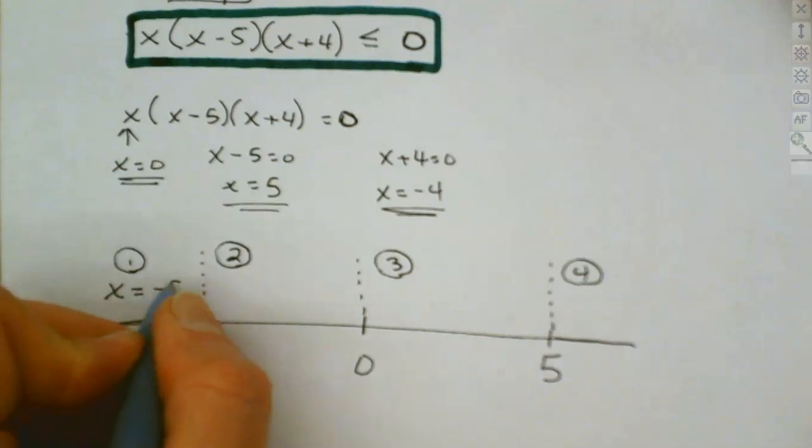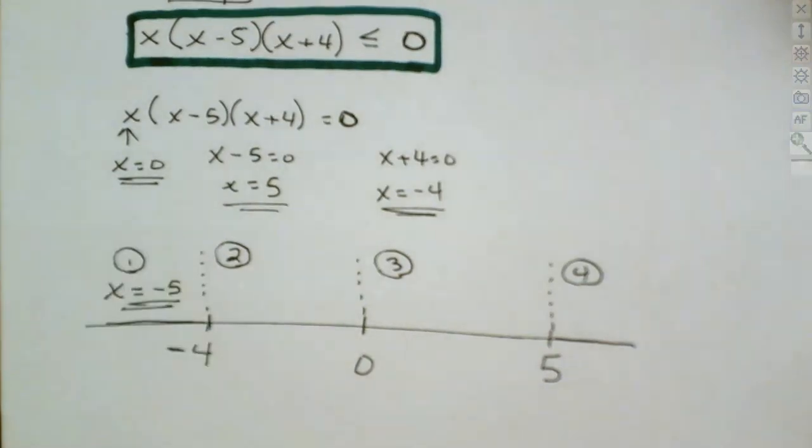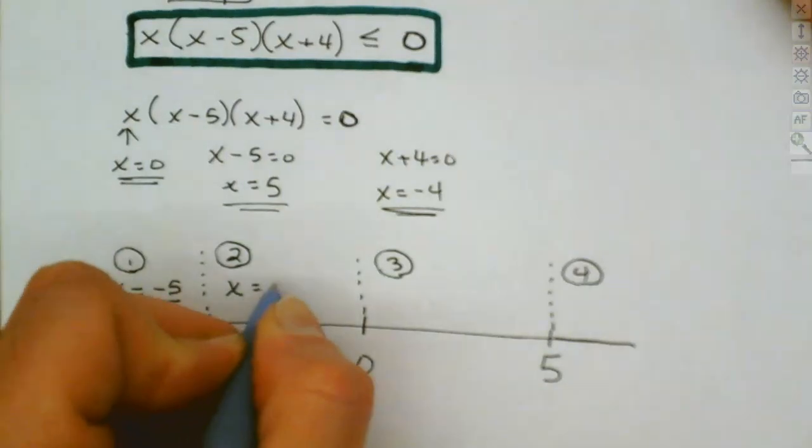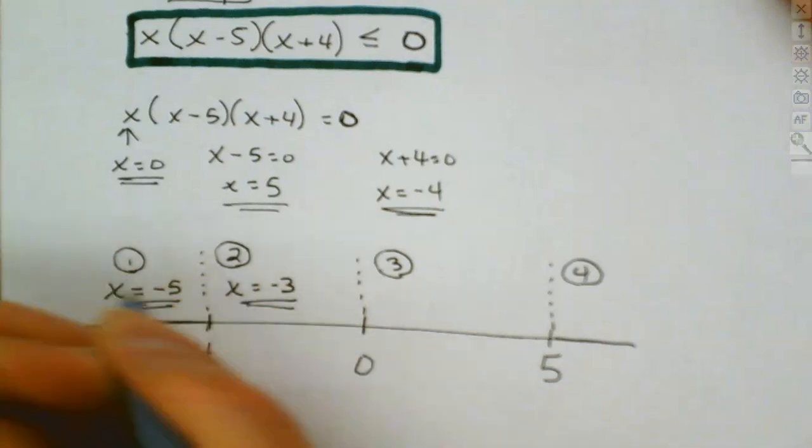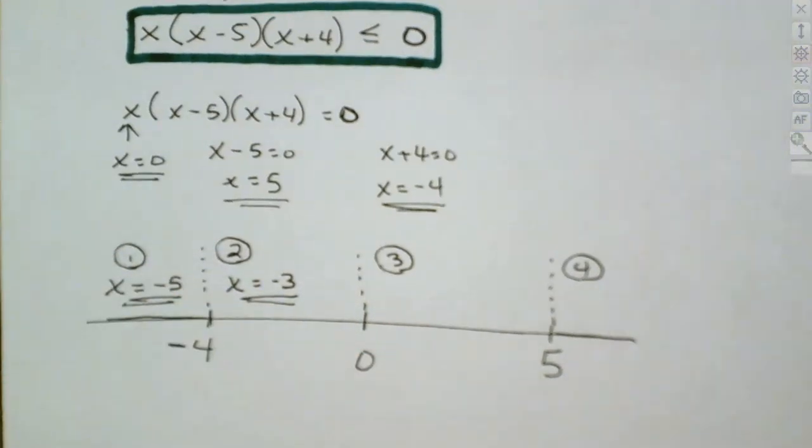So I'm going to use a -5. For region 2, I need a number between -4 and 0. You can use any number in there. How about we use a -3? Because that's in between them.